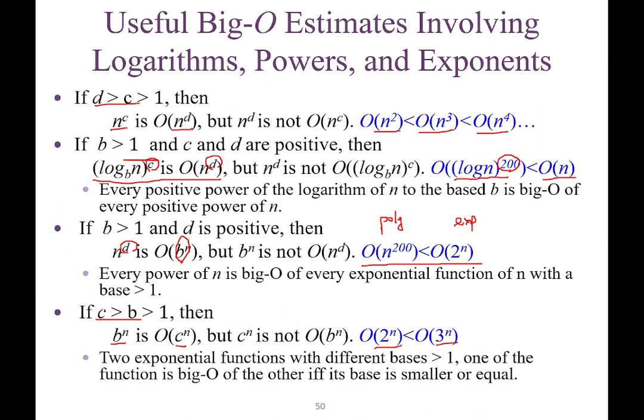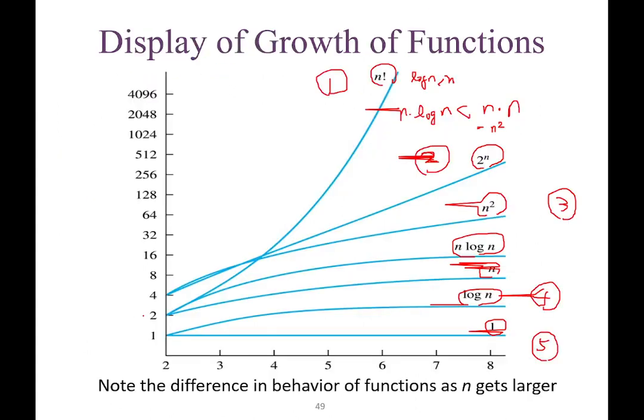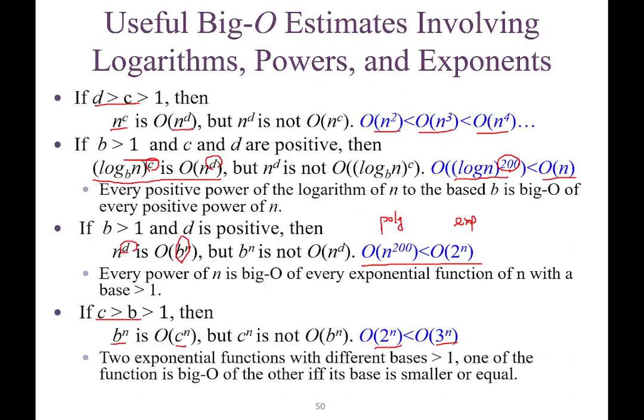So based on this, you can compare different function growth between different categories. And for some cases, we can also compare the growth of functions within the same category. For example, how to compare the exponential function within the category of exponential function, or we can also compare the polynomial function with different leading terms.